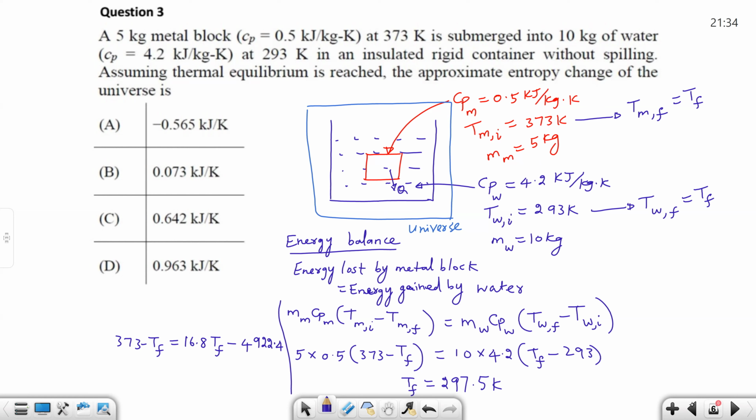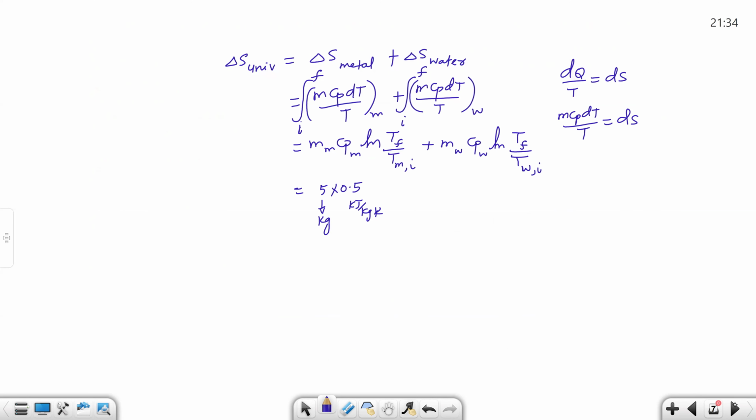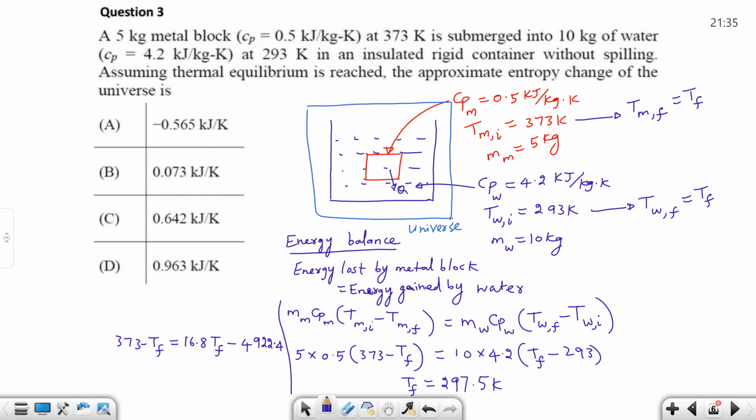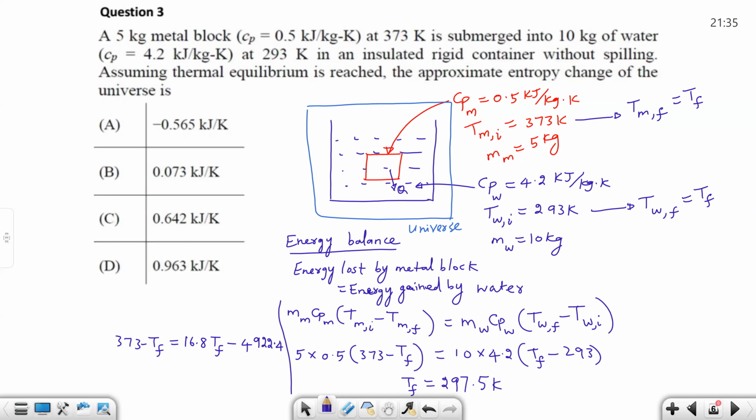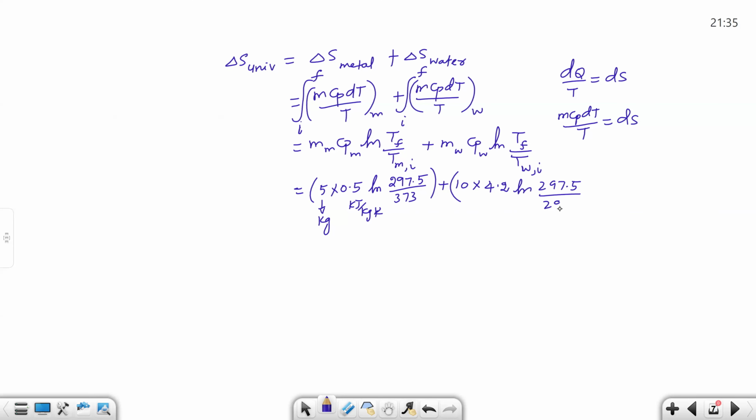So we want the answer in kilojoule per Kelvin. 373 is the initial temperature, 297.5 is the final temperature. ln 297.5 by 373, plus mass of water 10, 4.2, ln 297.5 by 293. So this will be your answer.